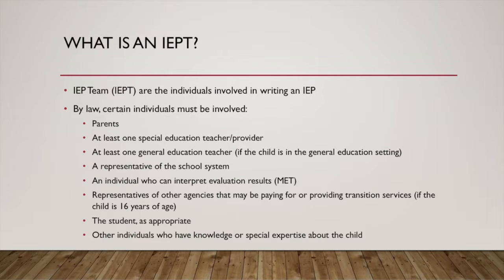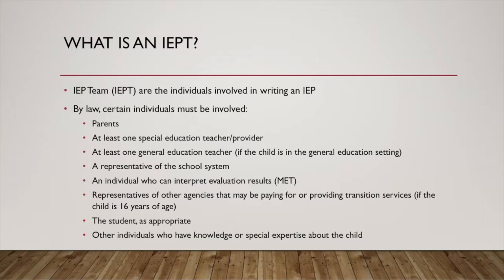What is an IEPT? So an IEPT is the IEP team, which are the individuals involved in writing an IEP. By law, certain individuals must be involved: parents, at least one special education teacher, at least one general education teacher if the child is in the general education setting, a representative of the school system, an individual who can interpret evaluation results, so the MET, representatives of other agencies that may be paying for or providing transition services.